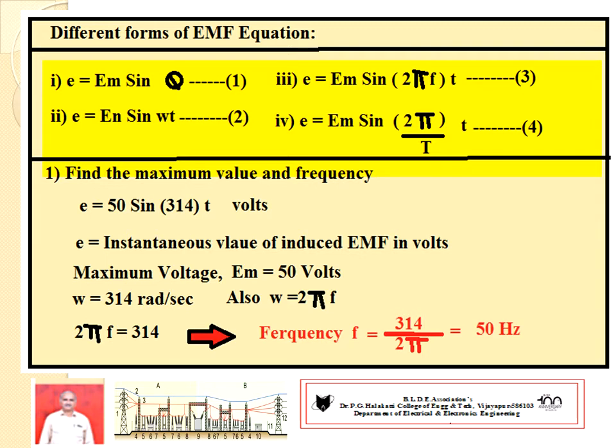Em, the first term before the sine, is the maximum voltage, Em equal to 50 volts. In front of sine, behind the t, that is omega, omega equal to 314 radians per second. This omega is also equal to 2 pi f, hence it is possible to determine f equal to 50 hertz.